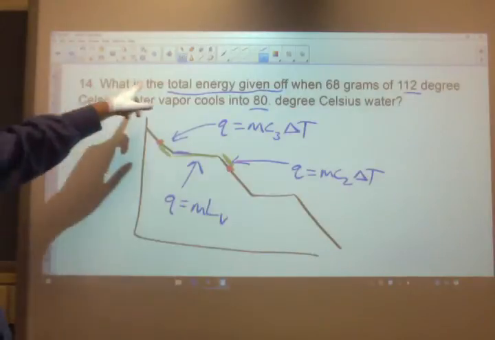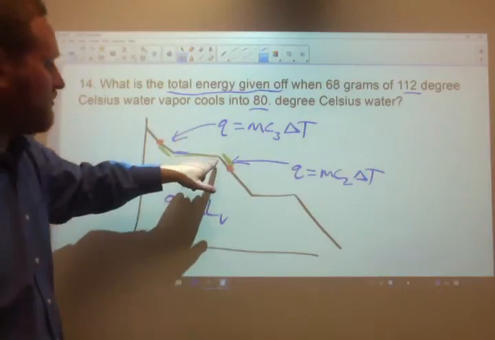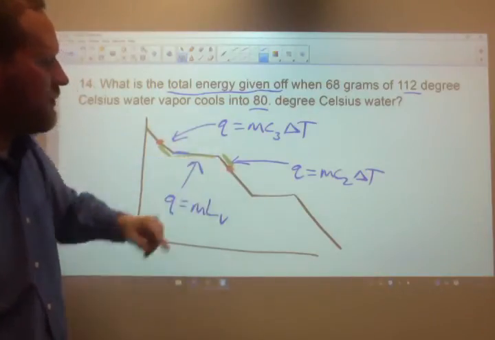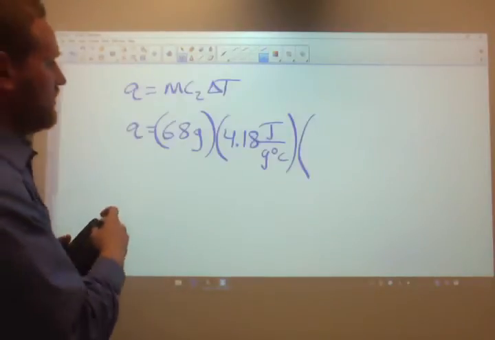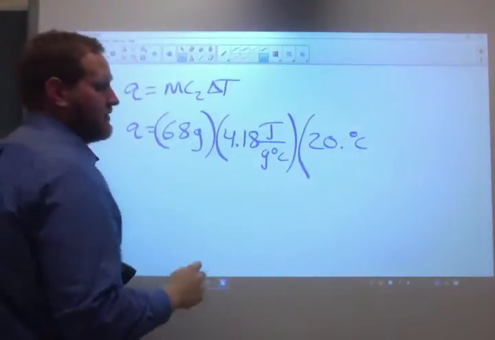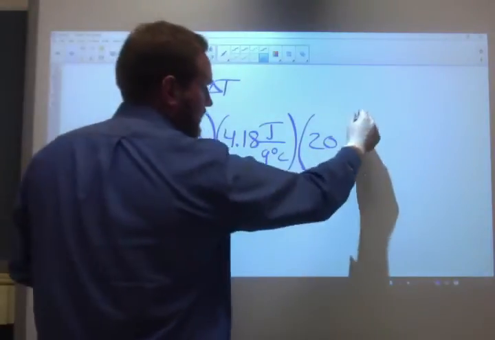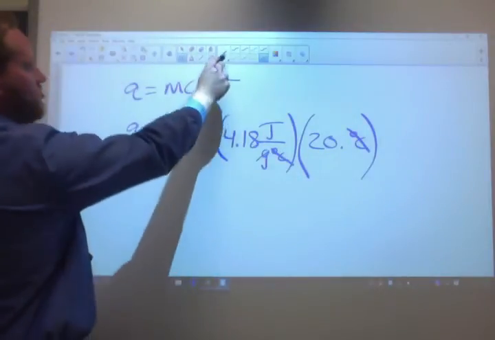Don't say 112 minus 80. Don't say 32 degrees. In step 3, it's starting at 100 and it's dropping down to 80. So we're going to say 20 degrees. And I would say 20-point degrees Celsius, just so you don't accidentally limit yourself in sig figs. 20 degrees Celsius, gram cancels gram, Celsius cancels Celsius, we're left with joules.